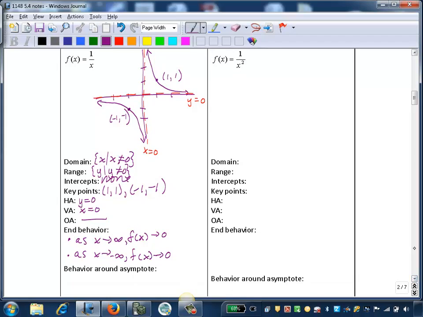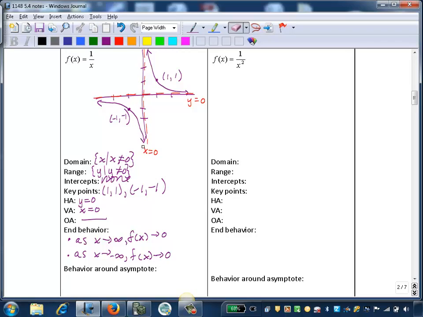Now, we also want to describe the behavior of rational functions around the asymptotes. So specifically this vertical asymptote. We can see we have a piece of the function on the left of this asymptote, and a piece of the function on the right. If I describe this from the left, as I trace along this branch or boomerang shape, as x gets closer and closer to 0, we can see this function is getting infinitely smaller.